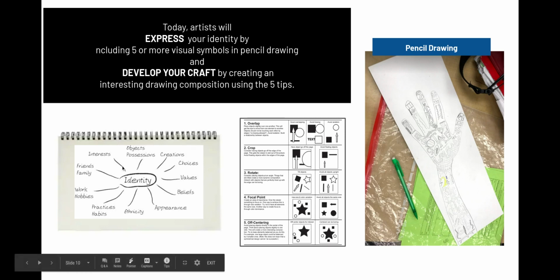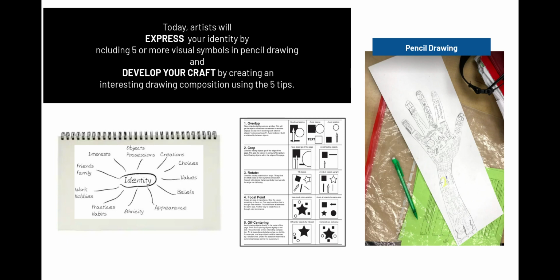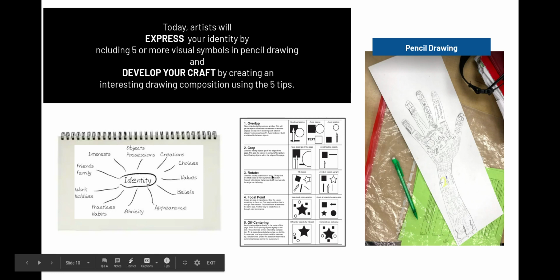If you have 10 or more and you know which ones you want to use, you can start brainstorming your visual symbols, doing some research, and you can actually start drawing them in your pencil drawing. As you draw them, you should really be focusing on developing your craft of drawing by creating an interesting composition using the 5 tips.